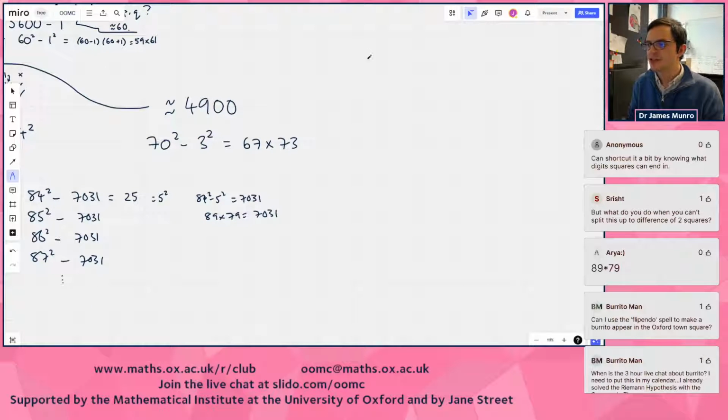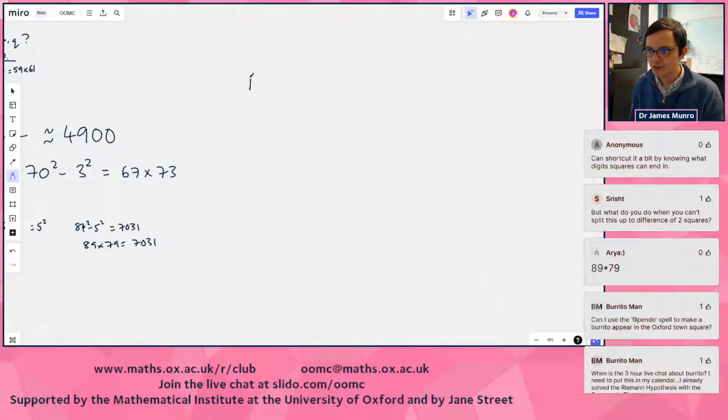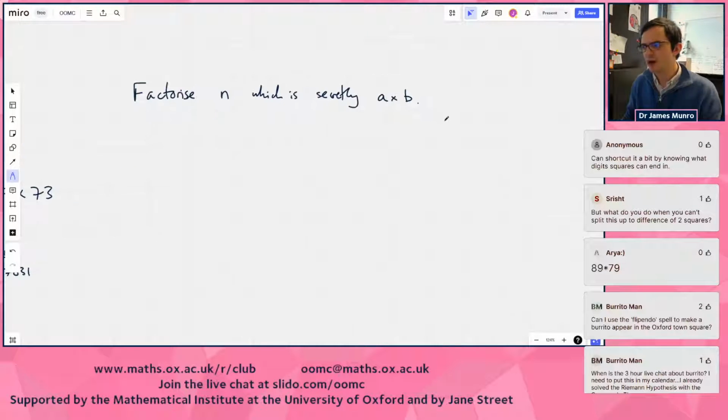So let's say I'm trying to factorize a number. This is going to look a bit silly, but I'm going to say factorize a number n, which I suppose has to be secretly a times b for some numbers a and b. I'm imagining they're both primes, perhaps, not really important right now.